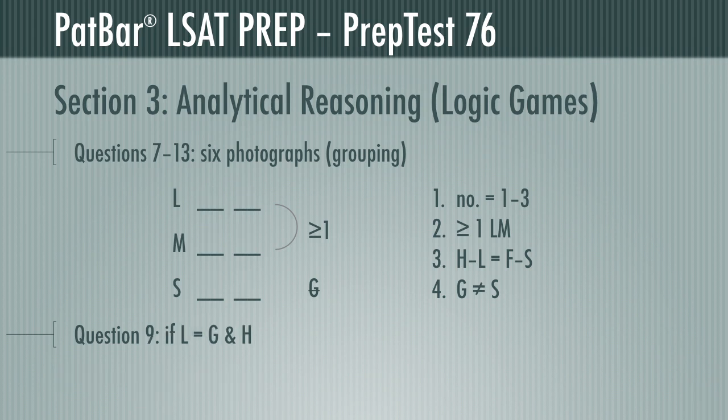Question 9 posits, if Gagnon and Hui each has one photo in lifestyle, what else must be true? Pencil time. G and H in L. We find our first commonality in Rule 3. Hui is to lifestyle what Fuentes is to sports, one and only one. That means Fuentes cannot fill the other slot in sports, and neither can Gagnon per Rule 4.